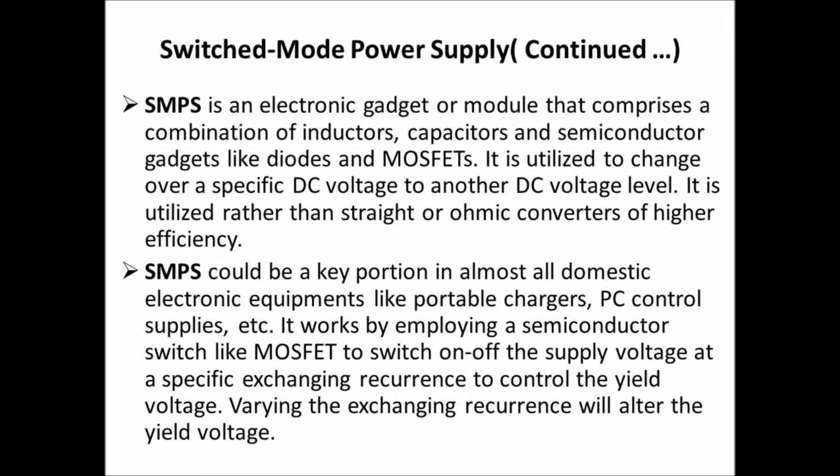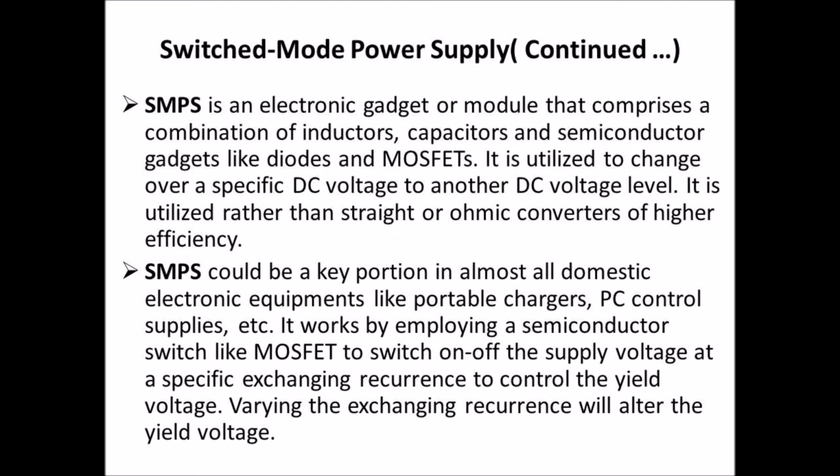SMPS is an electronic gadget or module that comprises a combination of inductors, capacitors and semiconductor gadgets like diodes and MOSFETs. It is utilized to change over a specific DC voltage to another DC voltage level. It is utilized rather than linear or ohmic converters of higher efficiency.